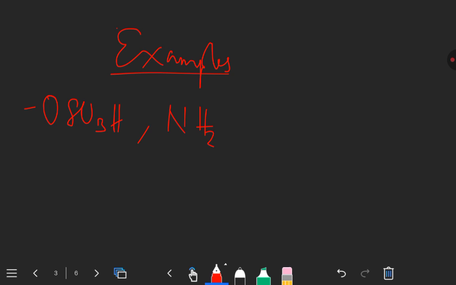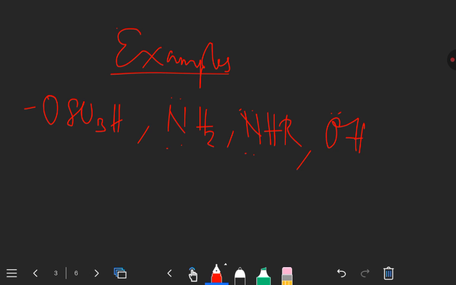So this is also an ortho para director, because this nitrogen has some lone pairs of electrons. Other than that, we have NHR. Still, this nitrogen has some lone pairs of electrons, so in this case it is also an ortho para director. Other than that, we can have hydroxide like this.